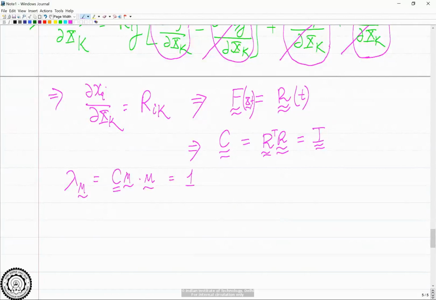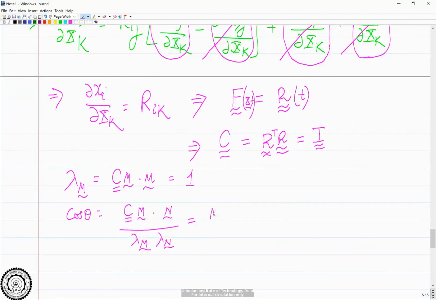So none of the line elements are undergoing stretching. Similarly, what about the change in angle, cos theta? That's M dot C n divided by lambda_M into lambda_N. And if M and N are perpendicular, what's then?